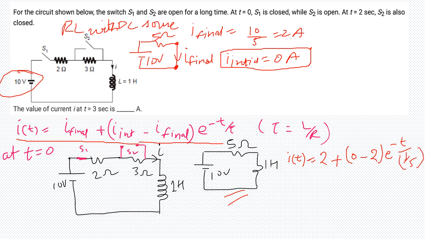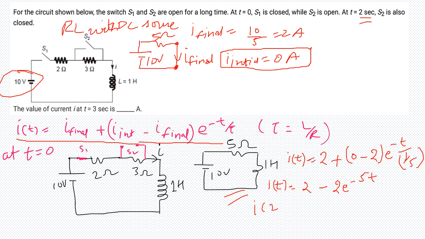So I of t is going to be 2 minus 2 e power minus 5t. Now I will calculate my current at t equals 2 seconds, because that is the time when S2 is closed, so the dynamics will again change.